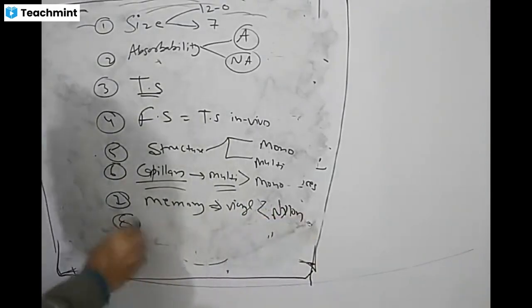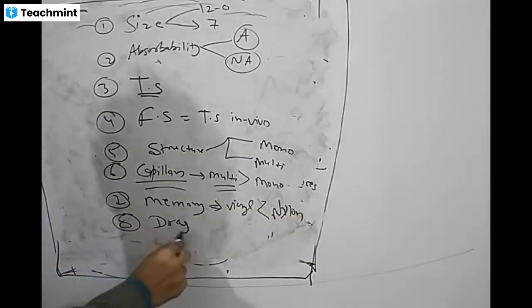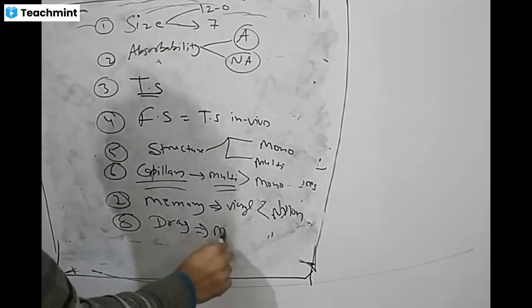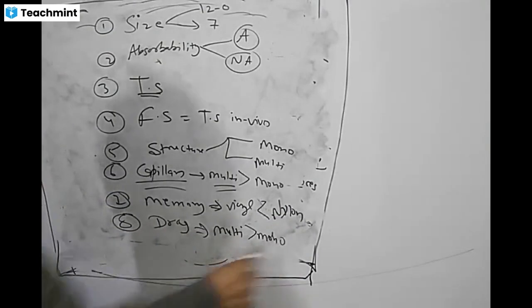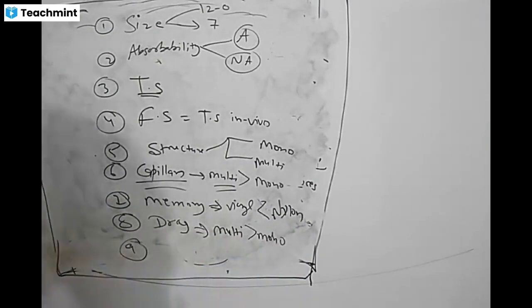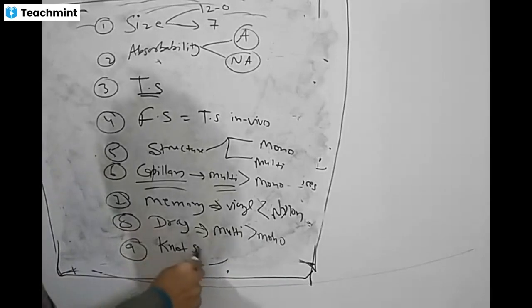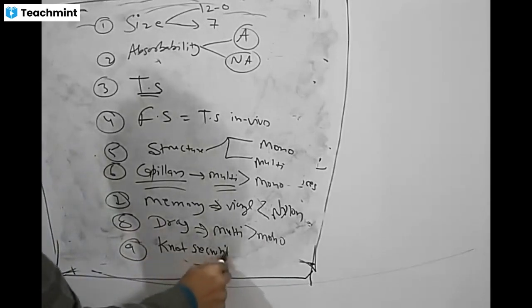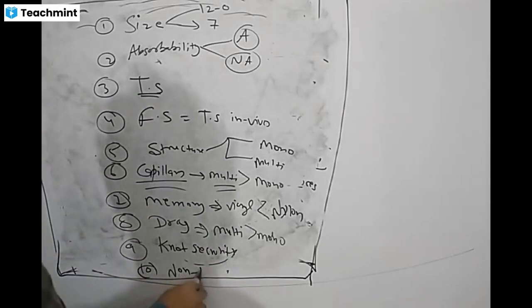And number eight property was drag, that is friction, and this friction is more in case of multifilament as compared to monofilament. And number nine property was knot security, and number ten is your non-reactivity.